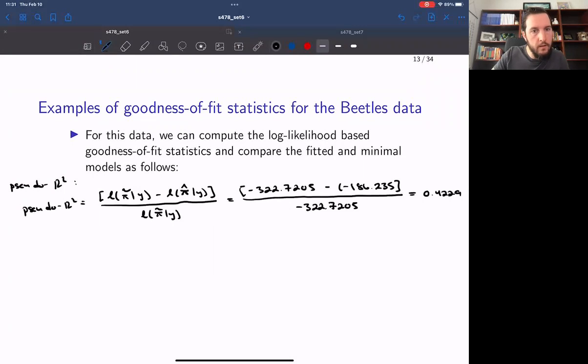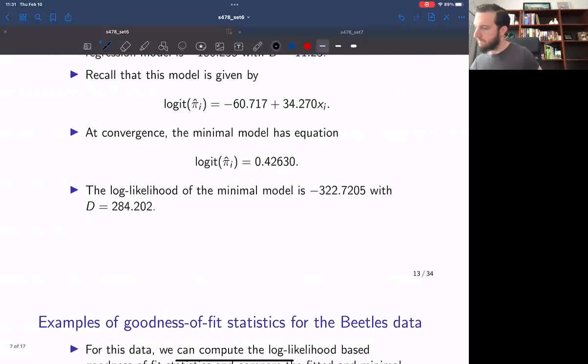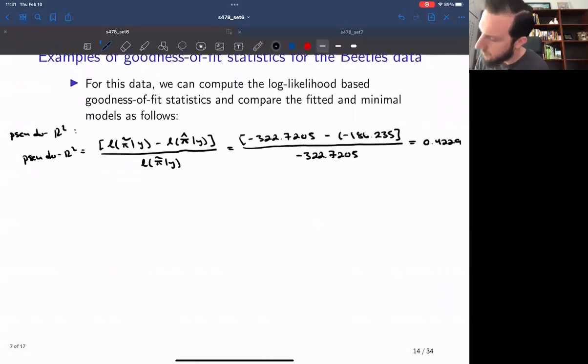So the next thing that we can look at are those deviance values. So we have r squared d.